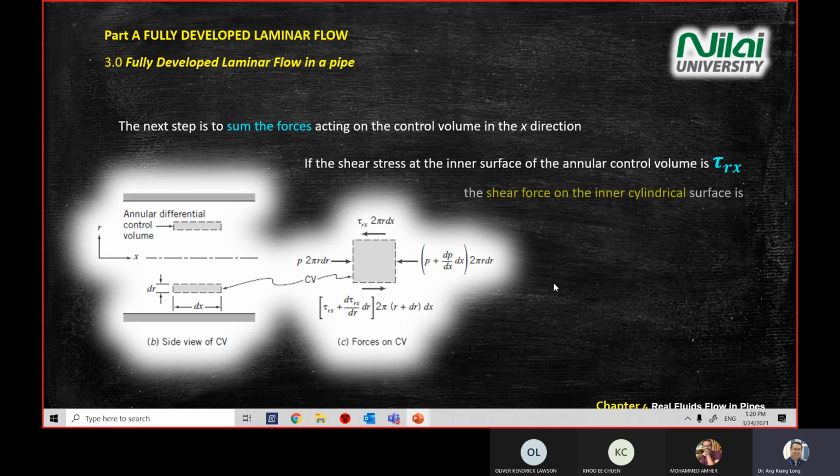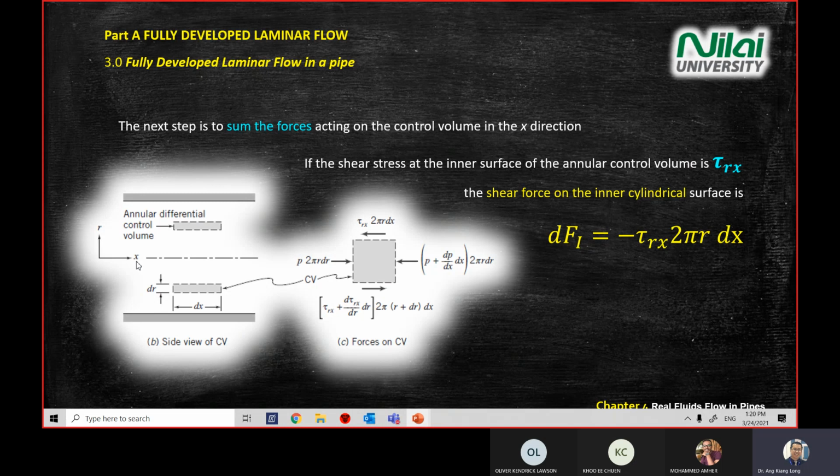Same with the top and bottom. So for the inner cylindrical, you have this one. Inner cylindrical means very near to the center of the pipe. So you use the I for the inner forces, this component. Again, you have a negative sign because it's against the x-axis, right?